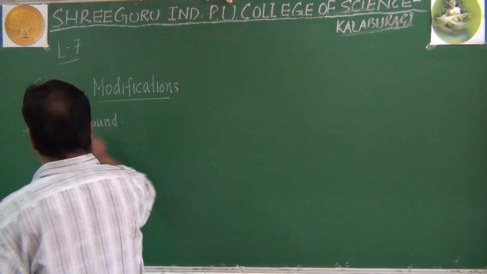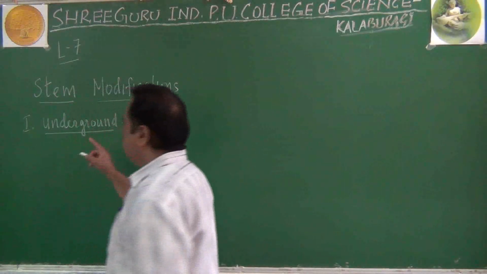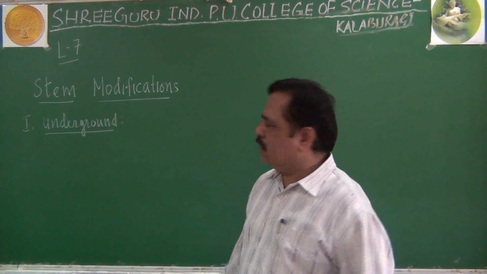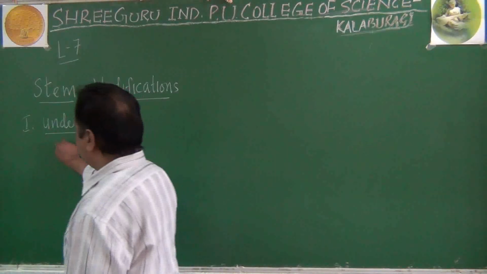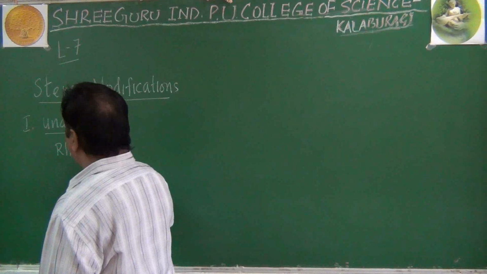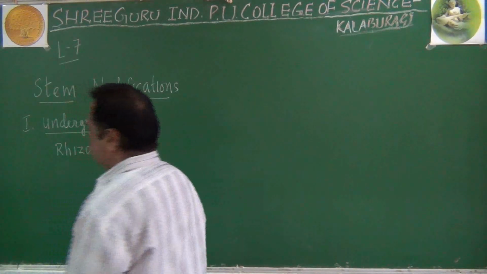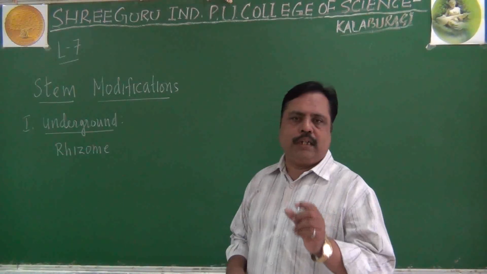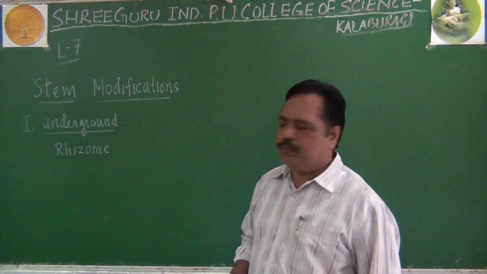You may recall in the underground modification there were four types. Is it or not? I was telling you about rhizome as an underground type of modification, where rhizome can be seen in the ginger and turmeric plant also.